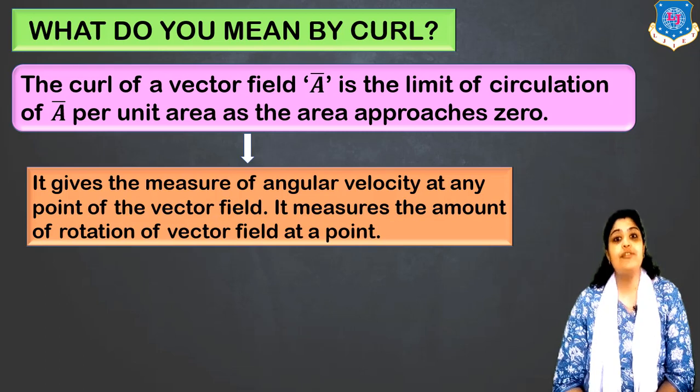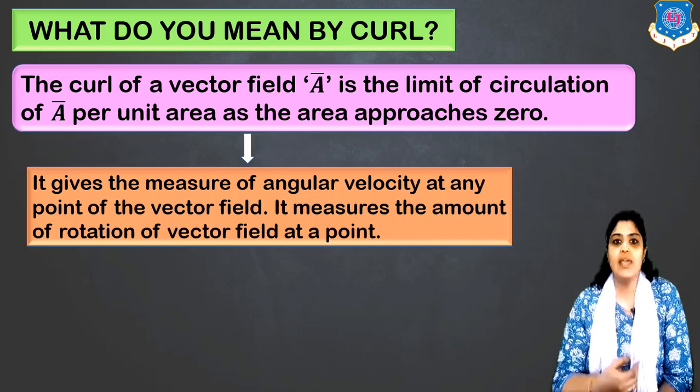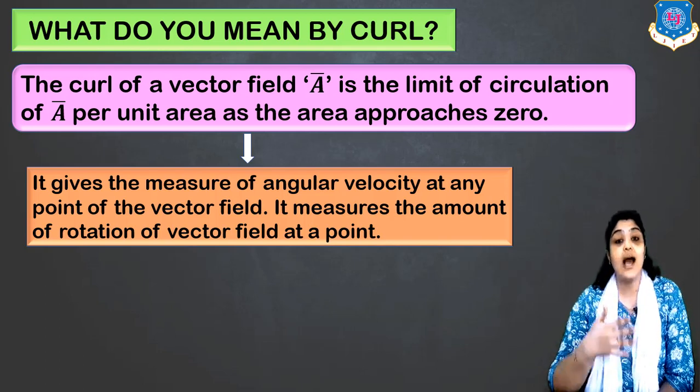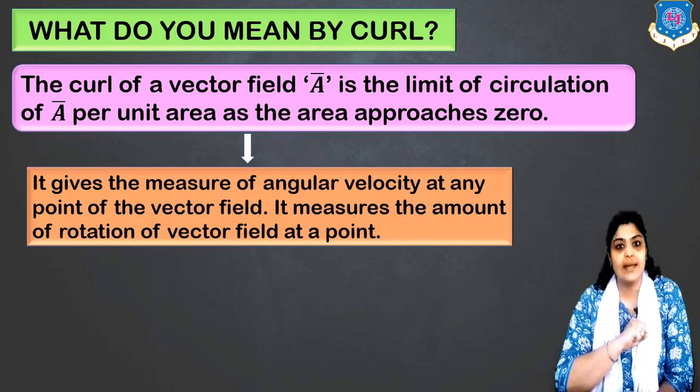It gives the measure of angular velocity at any point of the vector field, and it measures the amount of rotation of a vector field at a point. In the example I just gave, it will measure how much the rod is rotating, how much the electric field is rotating, because the change in magnetic field leads to an electric field.